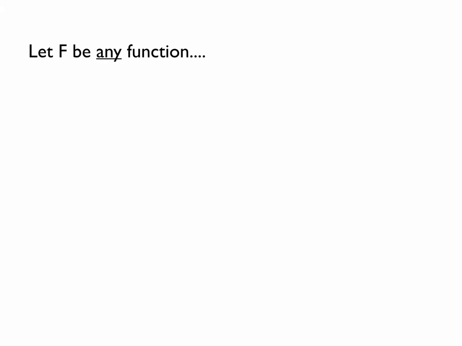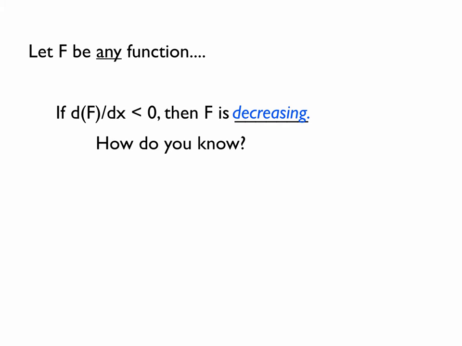Okay, so let f be any function, once again. So now if I say that the rate of change is negative, then what can I say about the function itself? That's what I just said. If the rate of change is negative, then f is decreasing. And again, how do you know?